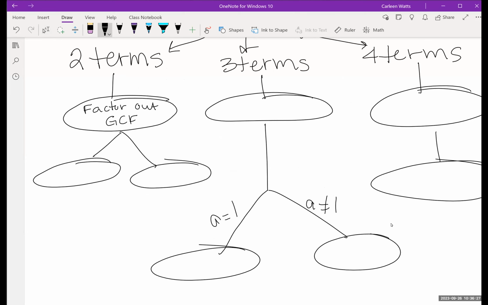Now, if it's a 2-term problem, it is either a GCF, so you factor out the GCF and you're done, there's nothing more to do, or it could also be a difference of 2 squares, affectionately referred to as DOTS. Those are your options for 2-term factoring problems.